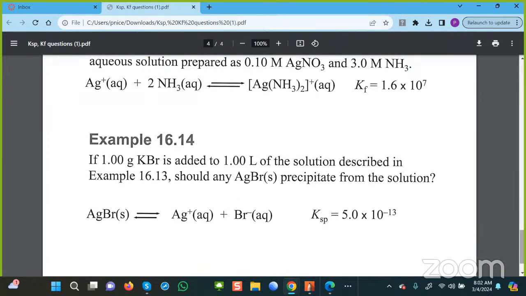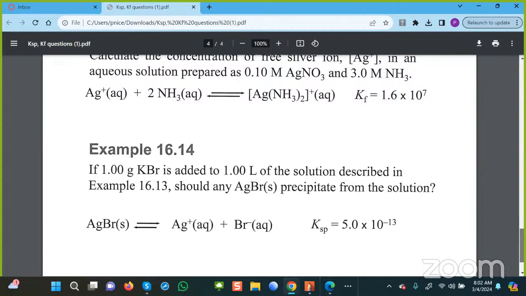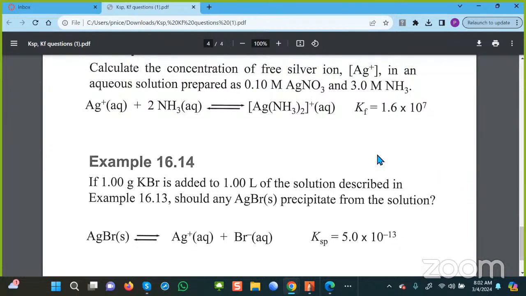And in actual fact, this question is in part reliant on the answer that we got here. So I need somebody to remind me of the answer that we got for the concentration of the free silver ion.